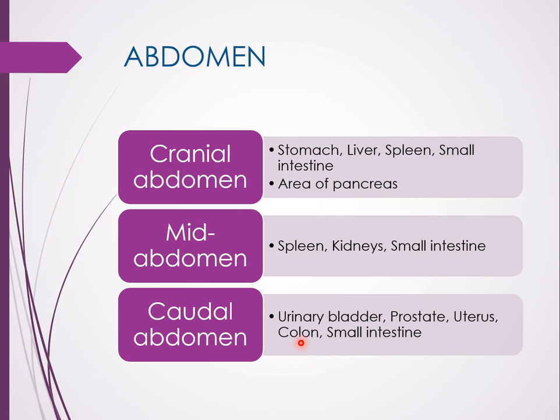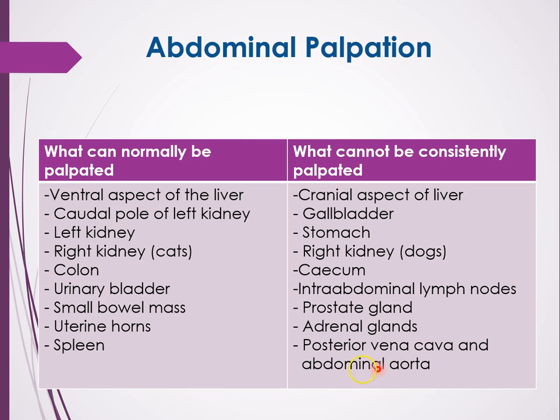All right. Mid abdomen, what will you find? You will find spleen, kidneys, and small intestine. And caudal abdomen, this is where you will get urinary bladder, prostate, uterus, colon, and of course some part of small intestine.